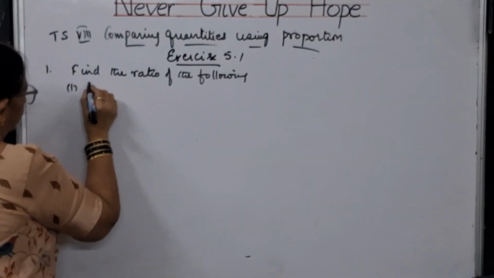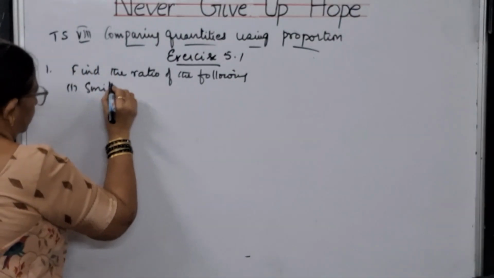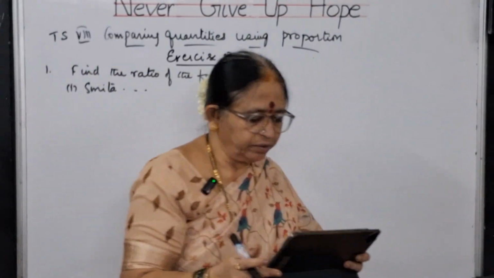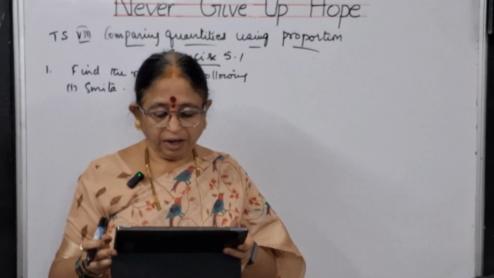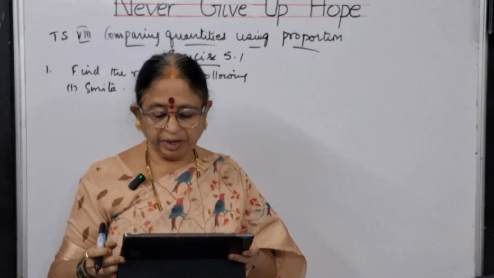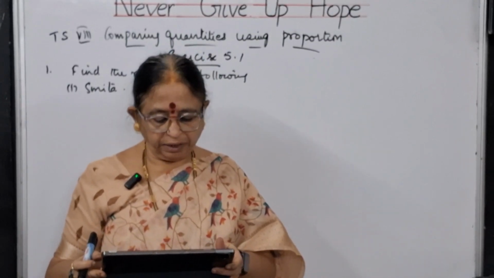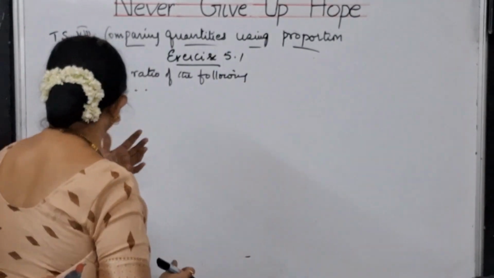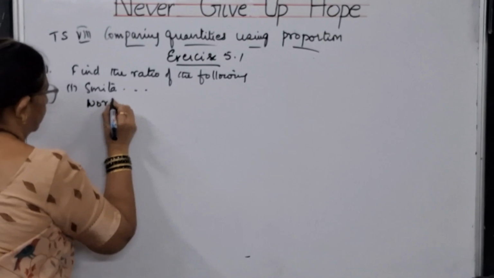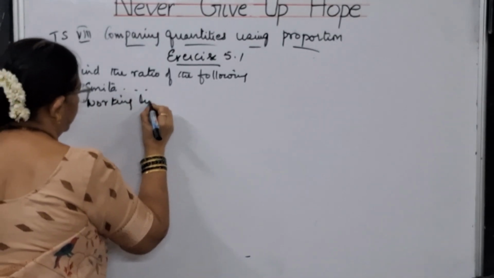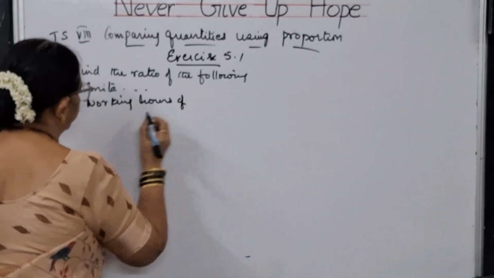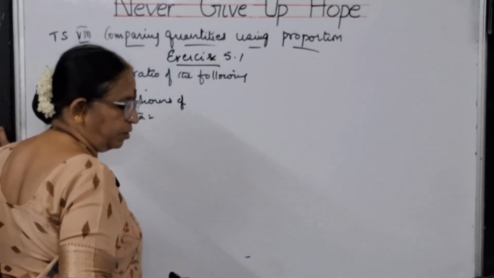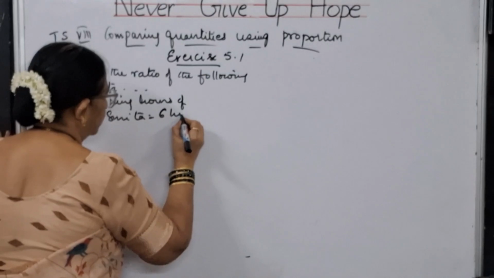First one, Smita. Let me read. Smita works in an office for 6 hours and Kajal works for 8 hours in her office. Find the ratio of their working hours. So, working hours of Smita, how many hours she works? 6 hours.